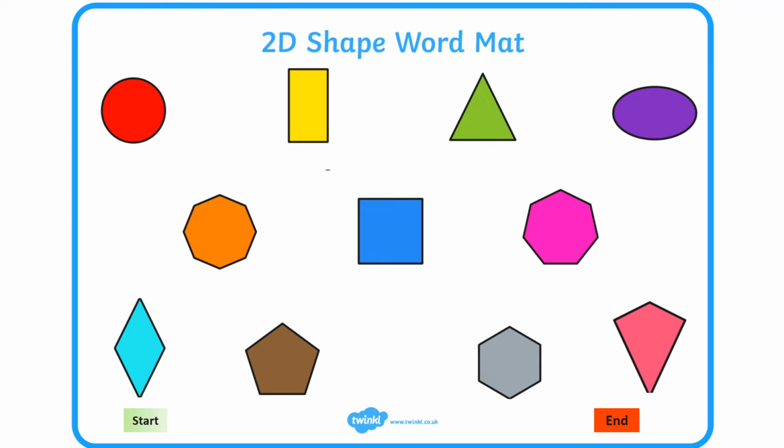Let's get started. The first thing we're going to do is see how many 2D shapes we can name. You're going to have 30 seconds to see if you can name all of the 2D shapes that are on the screen. I'm going to start the timer now. Off you go.